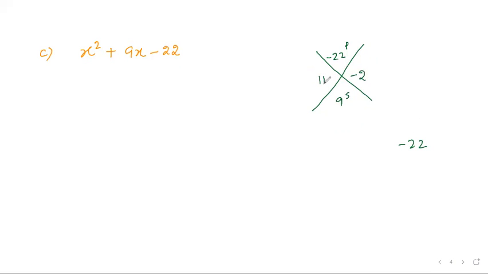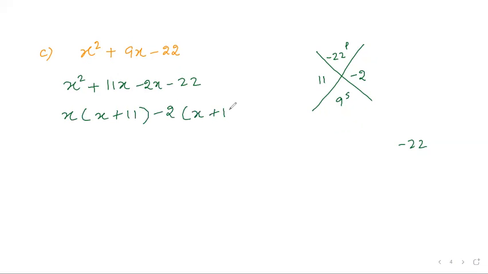Yes, we can see their sum is 9 and the product is minus 22. So we'll write in place of 9x, plus 11x minus 2x minus 22. We take x common, so this is x plus 11, minus 2 taken common, so it's x plus 11 here, right? So the two factors are x plus 11 times x minus 2, correct?